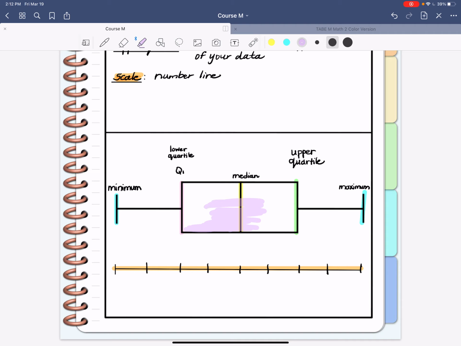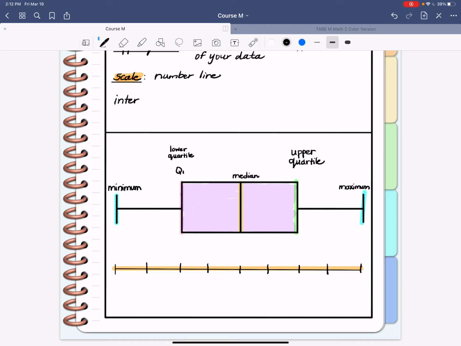It's the box itself. This has a very fancy name. It's this whole purple area. That is called the interquartile range.